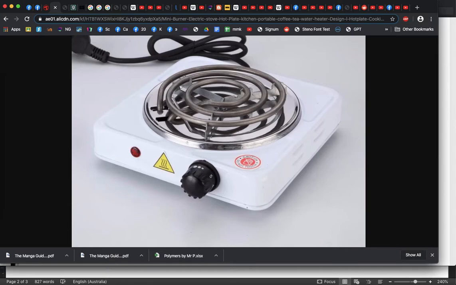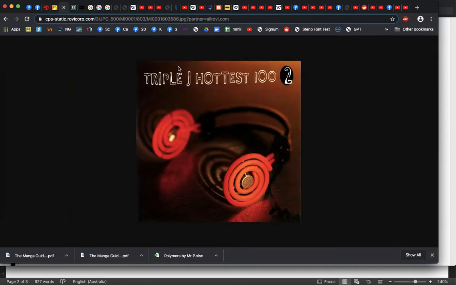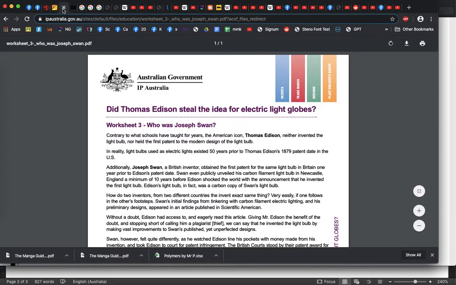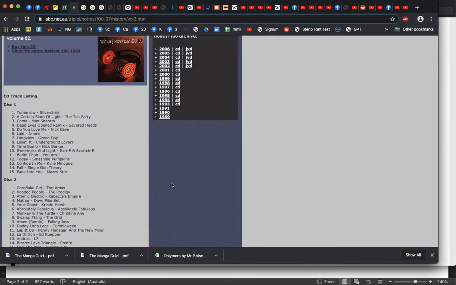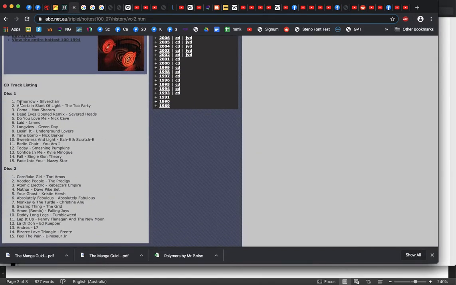And this image was also used in the Second Hottest 100 cover. It's so hot because it's a red hot electrical coil, and it looks like headphones. Anyway, big album in my youth. I did have the track listing open. Yep, big Aussie hits, Silverchair, and another big hit for an Aussie. Green Day, pretty popular.